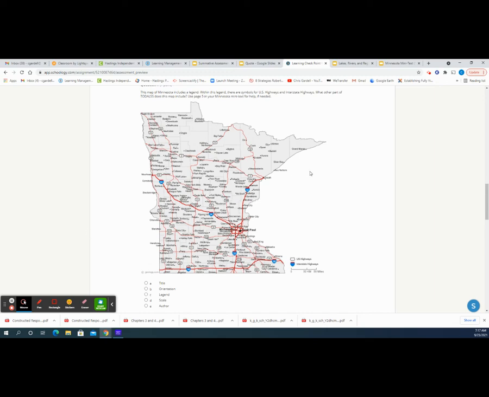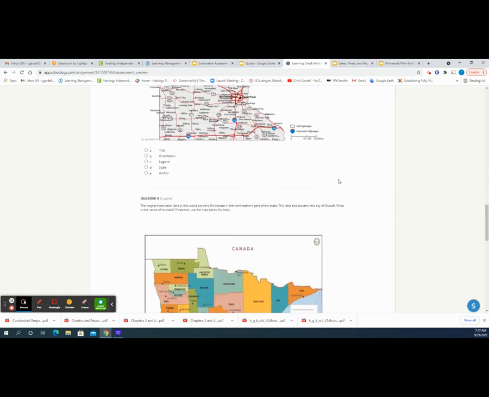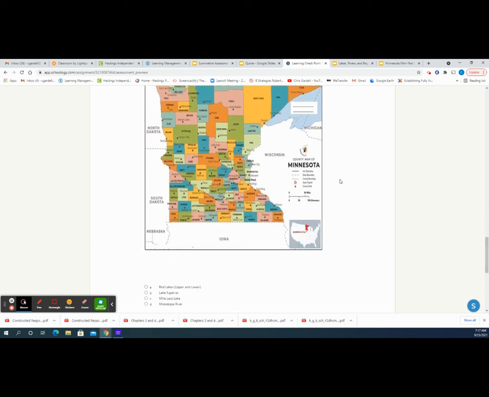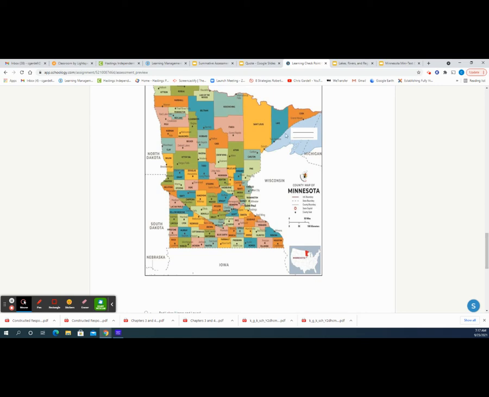All right, let's move on to question number 8. The largest freshwater lake in the world borders Minnesota in the northeastern part of the state. This lake also borders the city of Duluth. What is the name of this lake? If needed, use the map below for help. Okay, so what is this lake called?